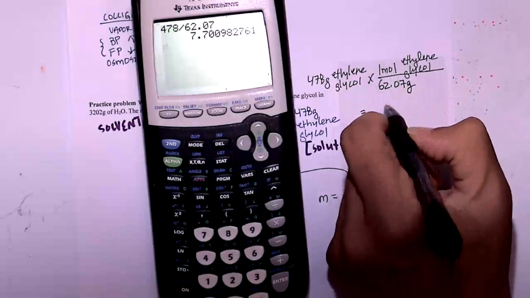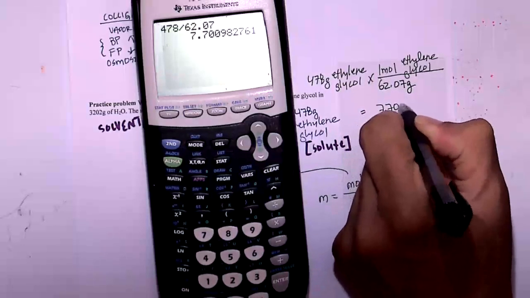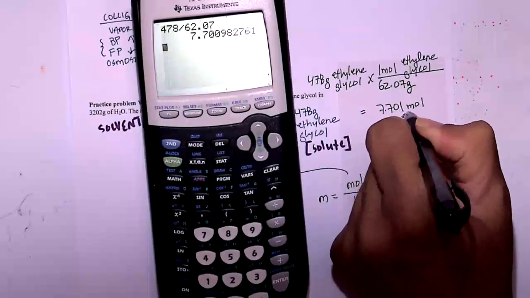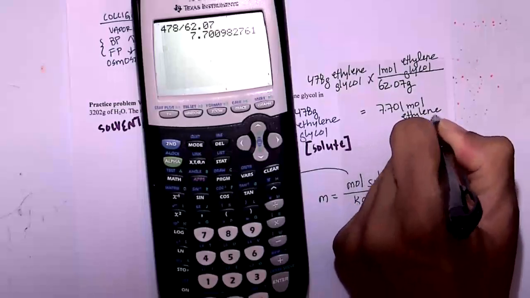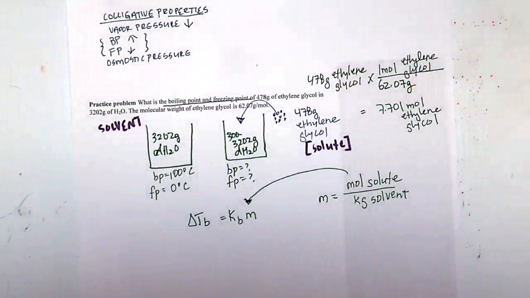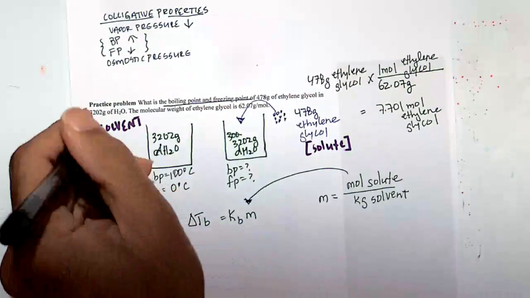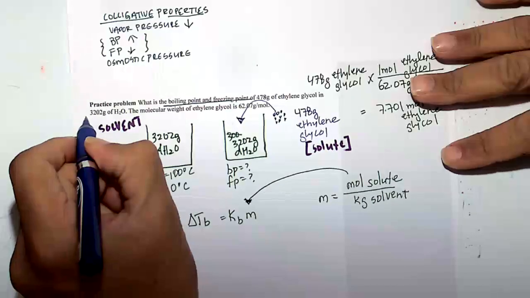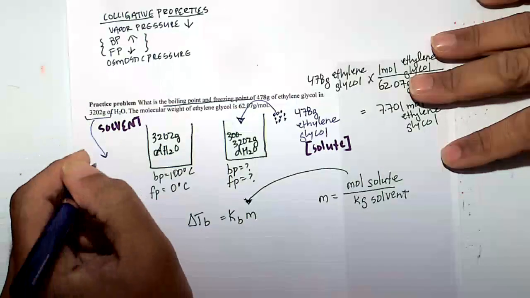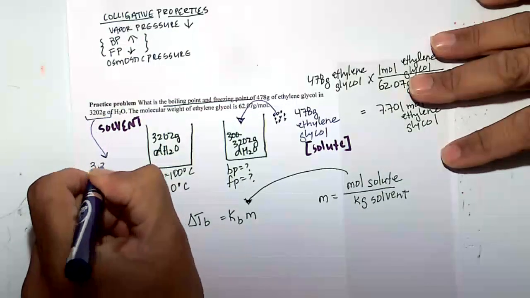About 7.701 moles of ethylene glycol. And what is our kilogram of solvent? For that, we can just move the decimal place 3 to the left, so this will make it 3.202 kilograms.